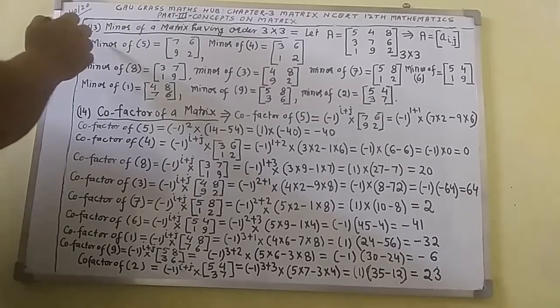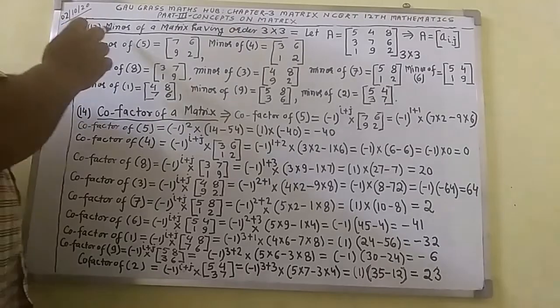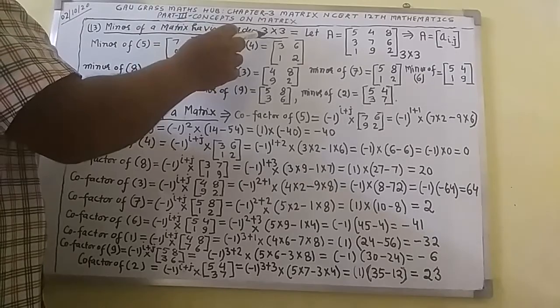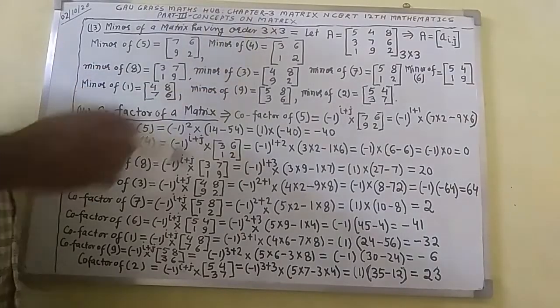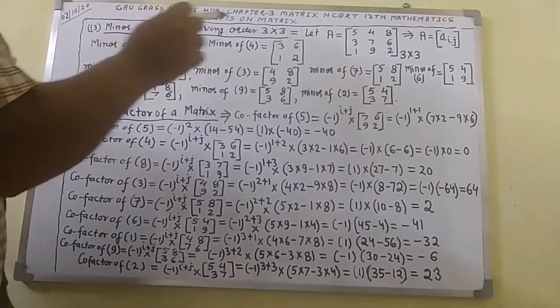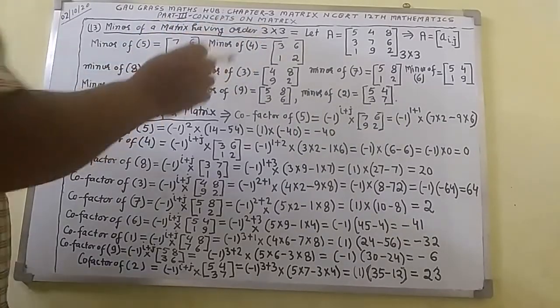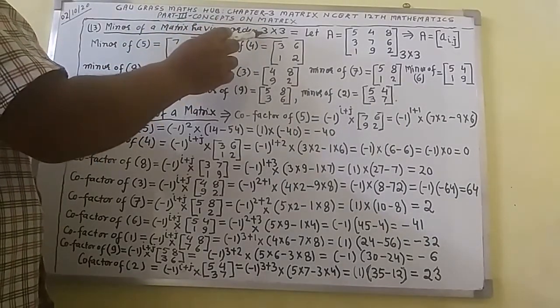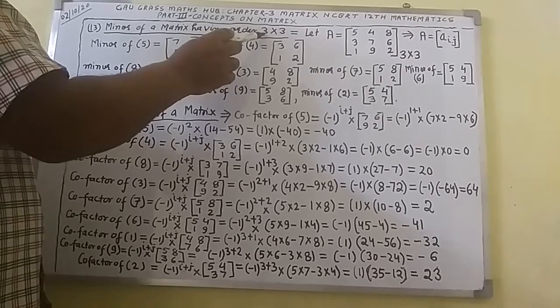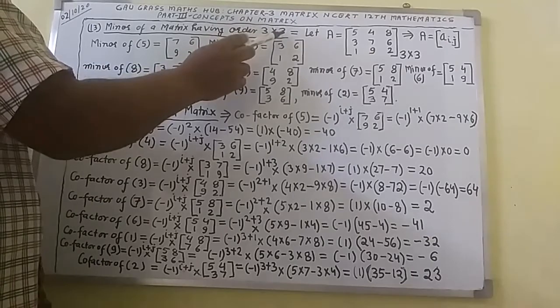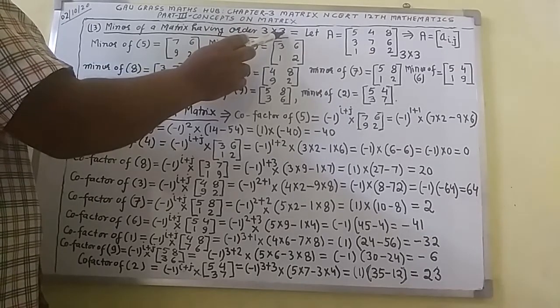Come to point number 13. Minor of a matrix having order 3 cross 3. A matrix having order 3 cross 3: the first 3 represents the number of rows, the second 3 represents the number of columns.